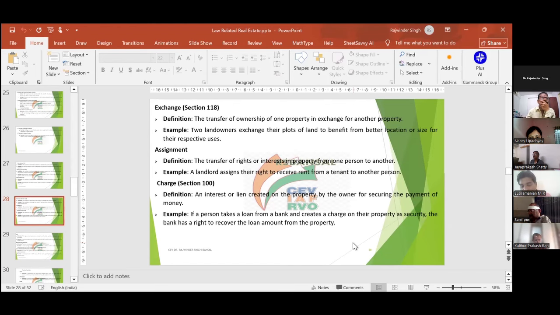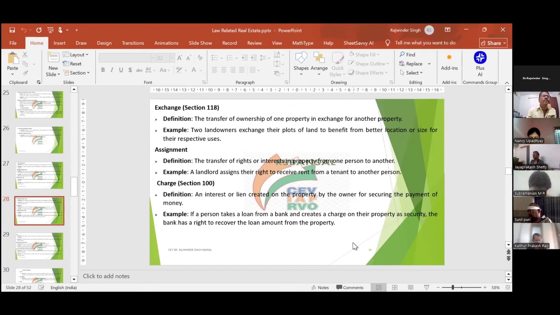Then charge. Charge is under section 100. So what is definition of charge? An interest or lien created on the property by the owner for securing the payment of money. For example, a person takes a loan from the bank and bank creates a charge on their property as security.